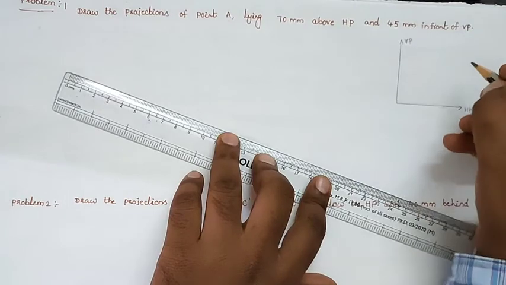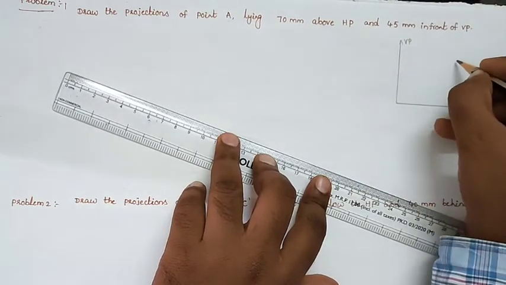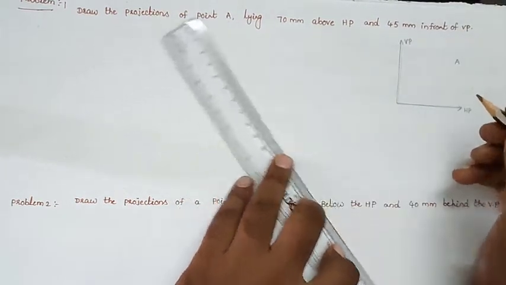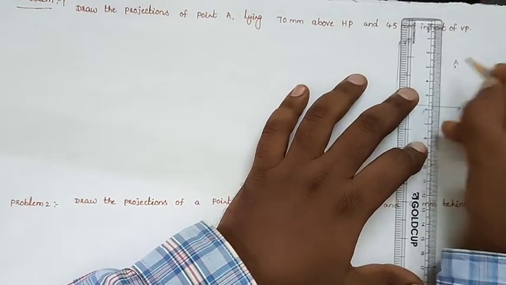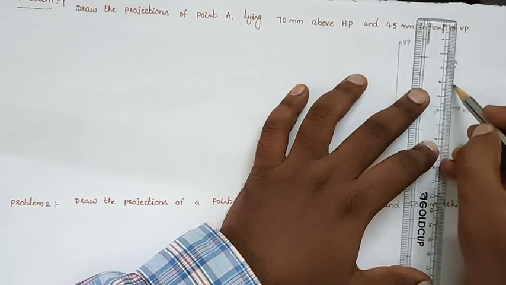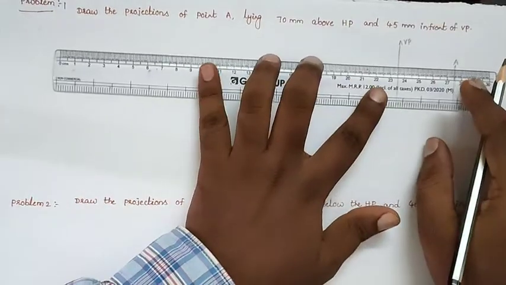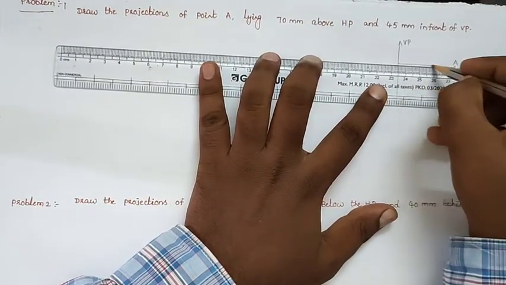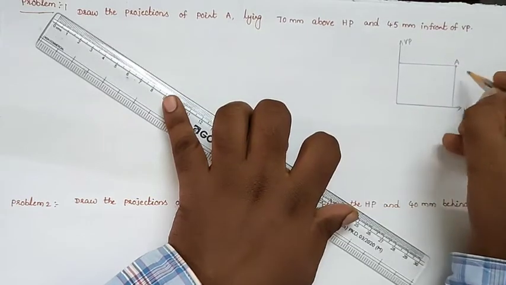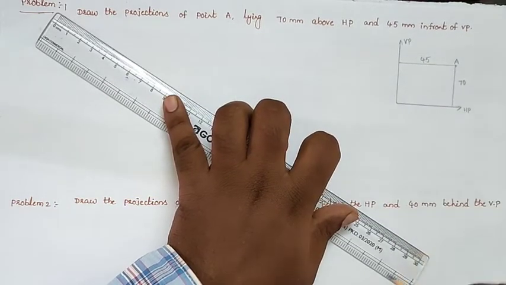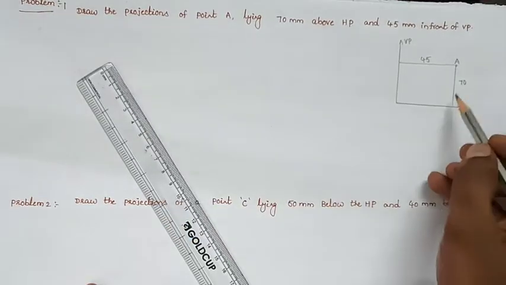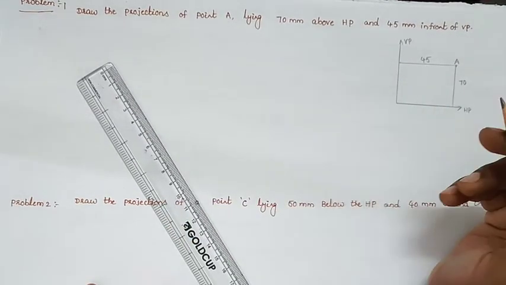So point A is 70 mm above HP and 45 mm in front of the VP. So this is the rough diagram. So this is 70 mm, and they are giving 45 mm. So 70 mm above HP and 45 mm in front of the VP.